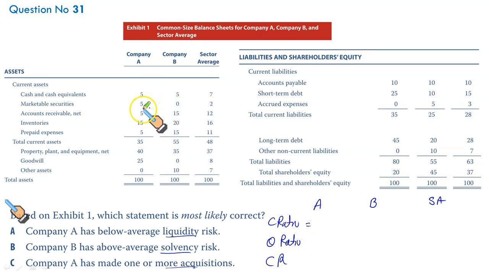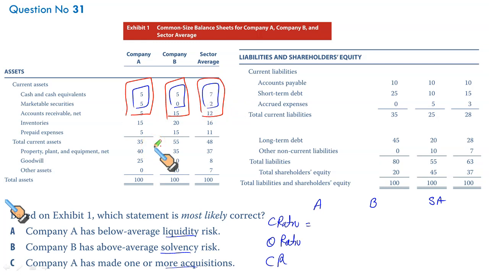For company A, the cash ratio is 5. Let us mark these. This blue will represent the cash ratio. When we add the accounts receivable as well, it will give you the quick ratio. It must be given a separate color. Let's say a red one. And then in the current ratio, we will take all. We'll take this black one.